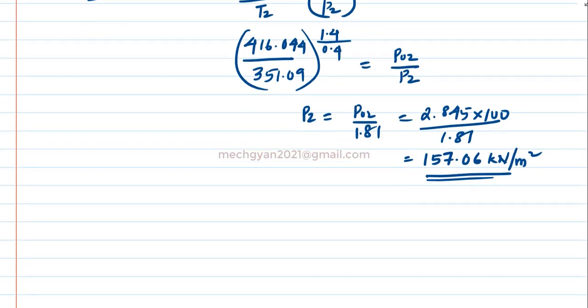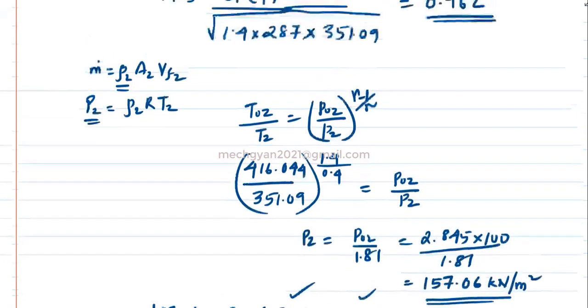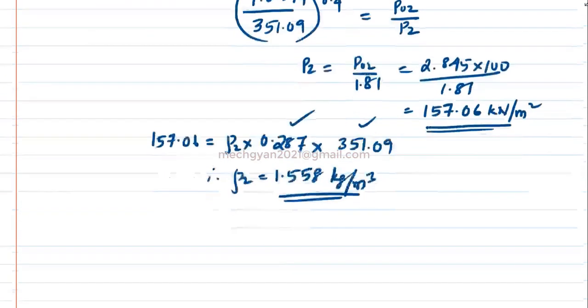So P2 is 157.06, equal to rho 2 into R into T2, which is 351.09. From here we get rho 2 as 1.558 kilogram per meter cube. We already found R T2, 351.09, and we got rho 2.